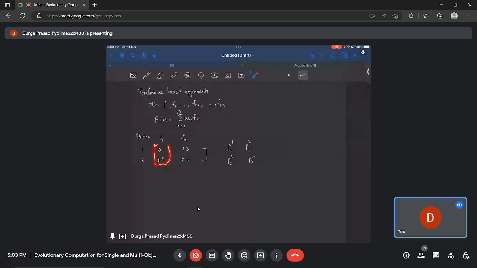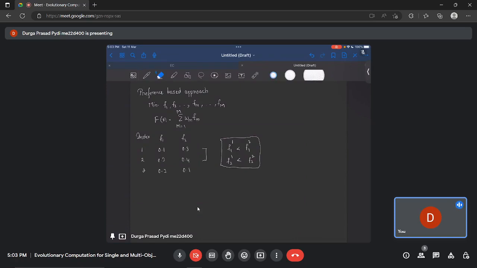Now, in the case of Pareto optimal solutions, you do not have the concept of dominance. You have something called non-dominated solutions. Say we'll consider another solution 3, with values 0.2 and 0.1.